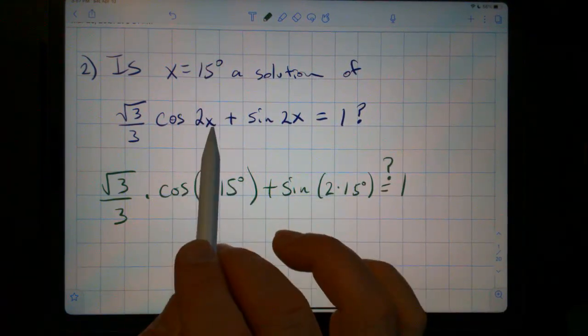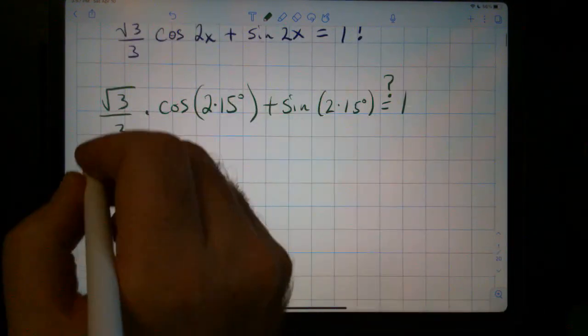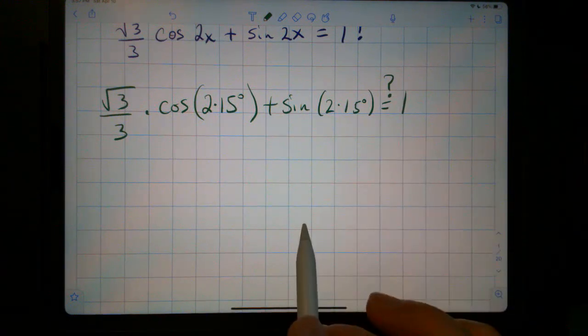So wherever there is an x, I'm going to put in 15 degrees. And we're asking ourselves, is this a true statement?